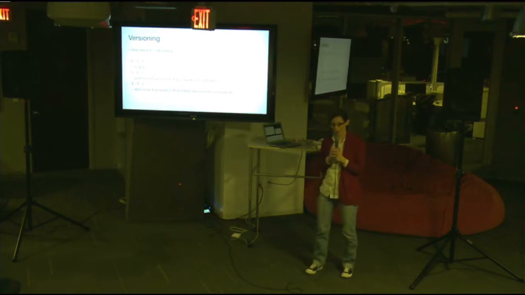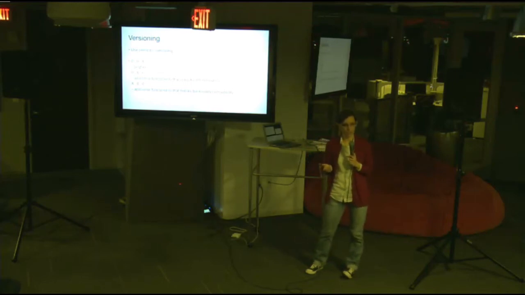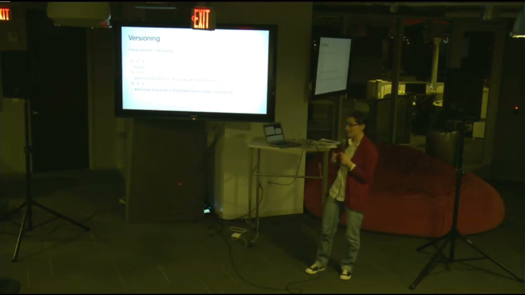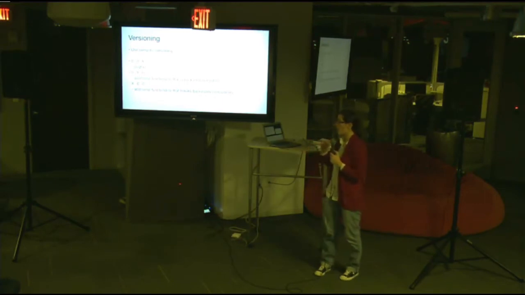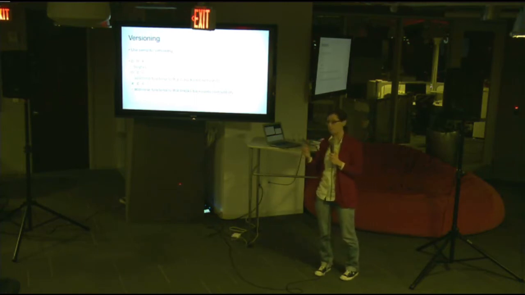And so a brief digression about versioning. It is the best practice to use what's called semantic versioning. I'm sure many of you are familiar with this, but just in case, semantic versioning is all about telling your users information about compatibility in your version number. So the very last place in your version number is for fixes.